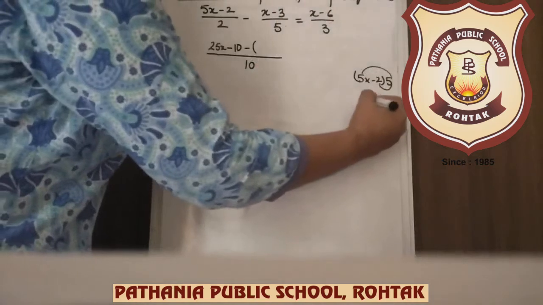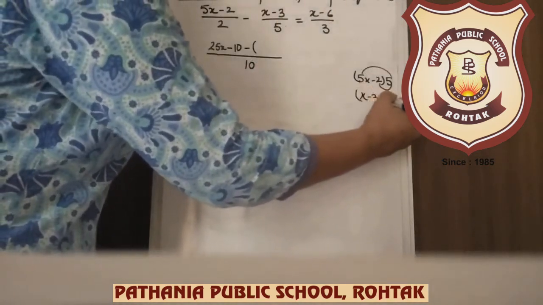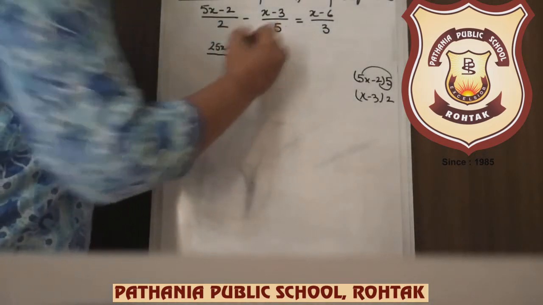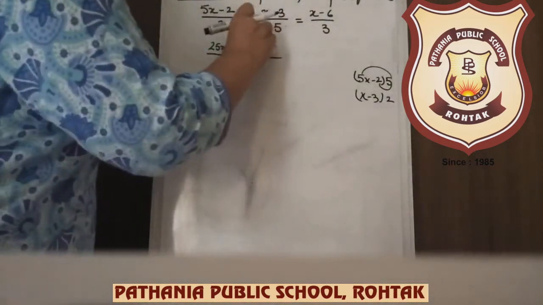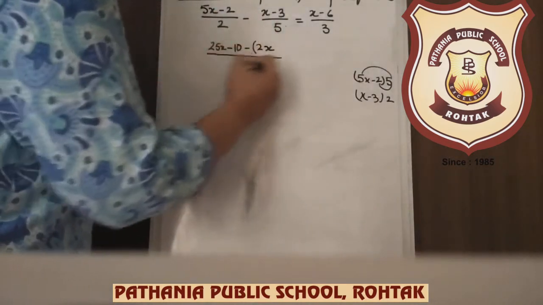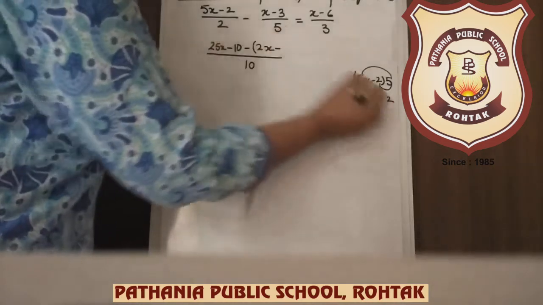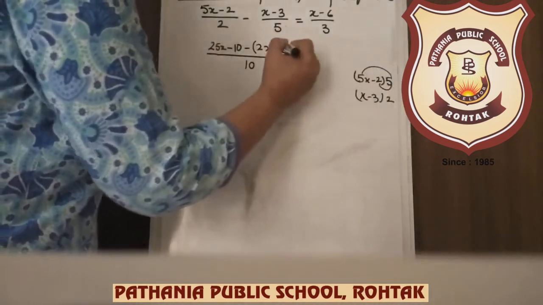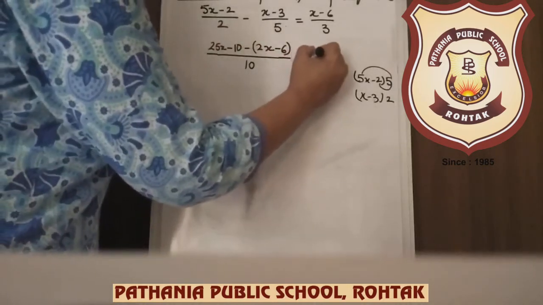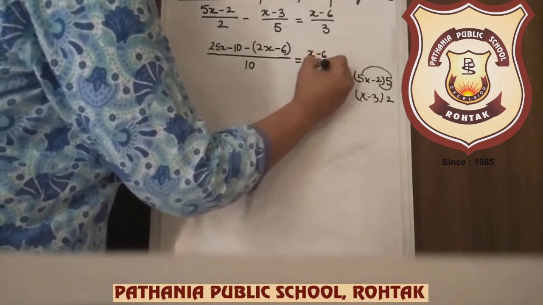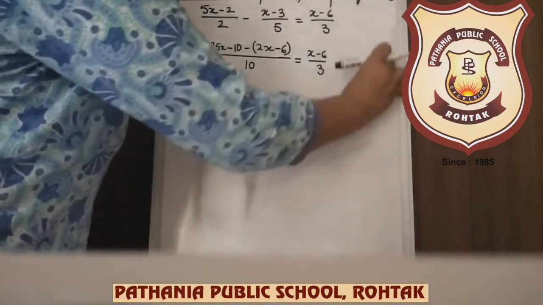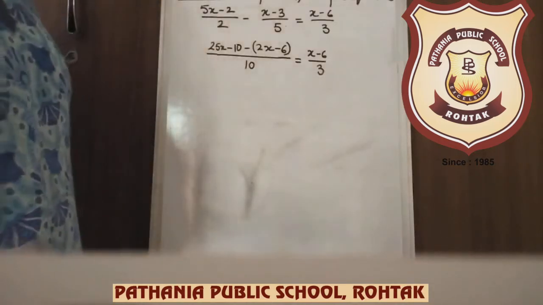So x minus 3 will also be multiplied with 2. When it is multiplied with 2, it will become 2x minus 3 multiplied by 2, which is 6. Close the bracket and your right hand side is going to be the same. Is this clear now?